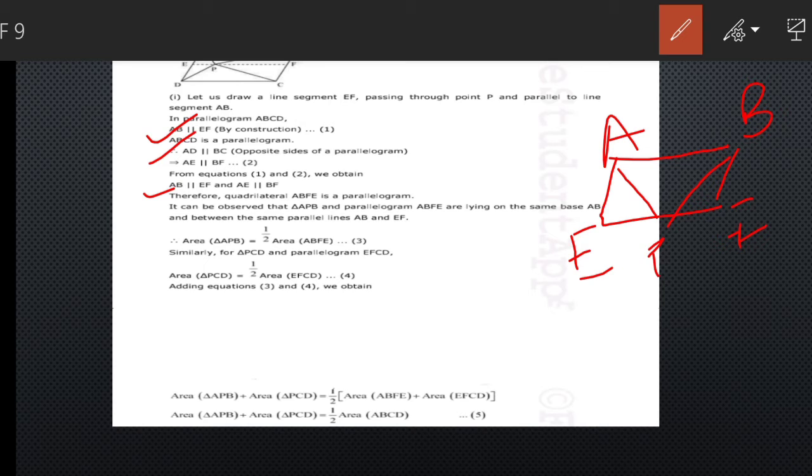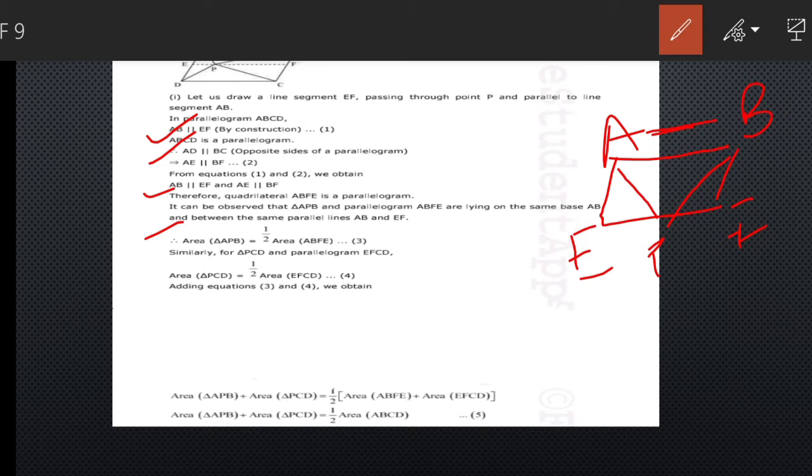So we can say that whenever there is a triangle and a parallelogram having the same base AB in this case and lying between the same parallel lines, AB parallel to EF, the area of the triangle is half of the area of the parallelogram. So area of APB is equal to half of ABFE.